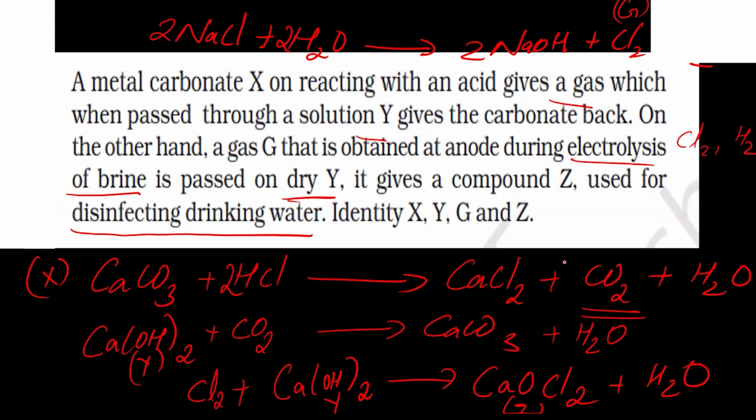When we pass this carbon dioxide gas to calcium hydroxide, you will be getting the carbonate back. Then electrolysis of brine gives two gases, chlorine and hydrogen. You pass this chlorine gas through dry slaked lime, and then we get bleaching powder, which is used for disinfecting drinking water.